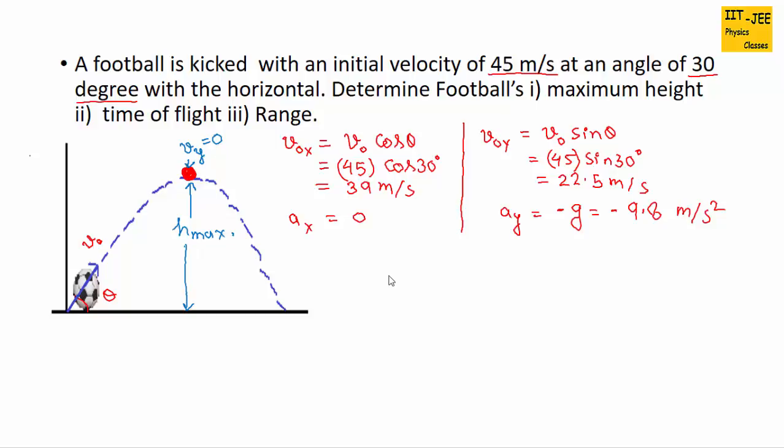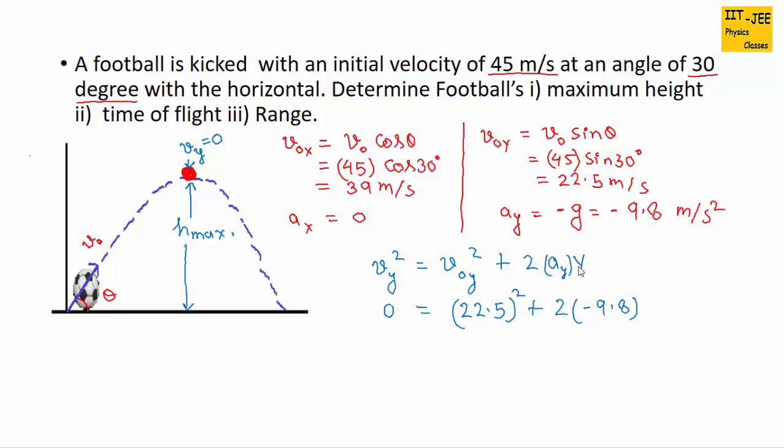So we will use the kinematic equation Vy squared equals V0y squared plus twice ay y. Now plug in values. V0y equals 22.5 meters per second, ay equals minus 9.8, and y is the vertical displacement, which is maximum height here.